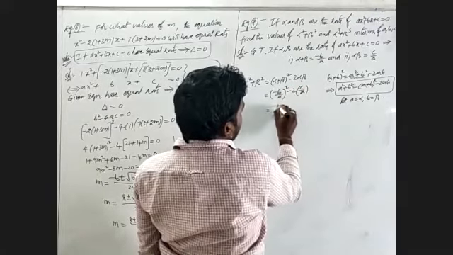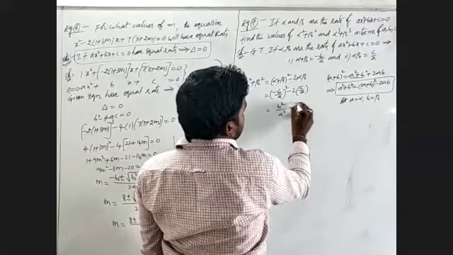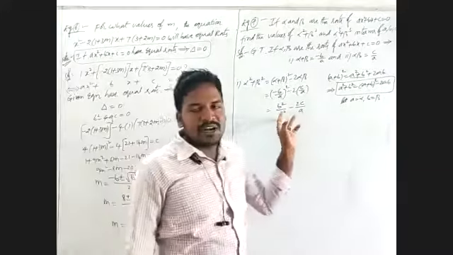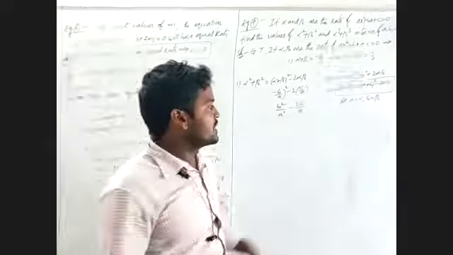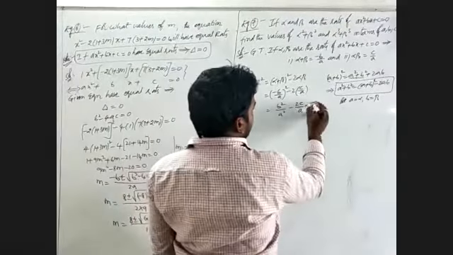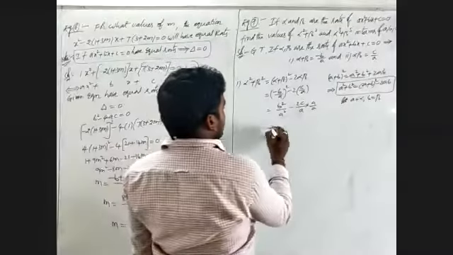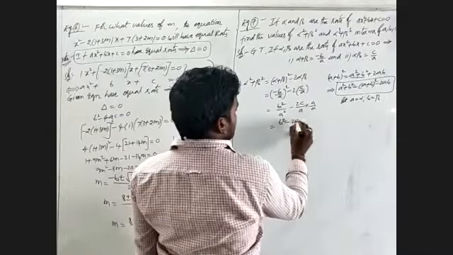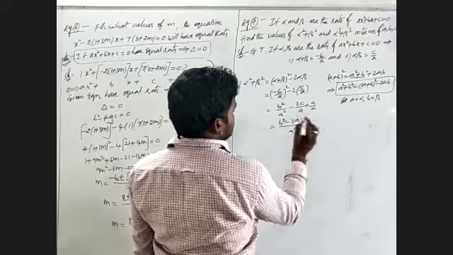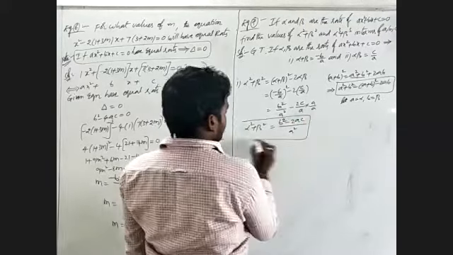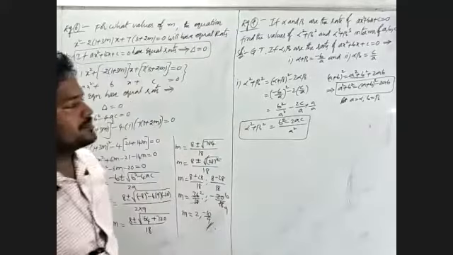That is the value b square by a square minus 2c by a. Here the given denominator has a square, and here the denominator is a. The numerator and denominator can be multiplied and divided by a, so I will write b square minus 2ac by a square. That is the value of alpha square plus beta square.